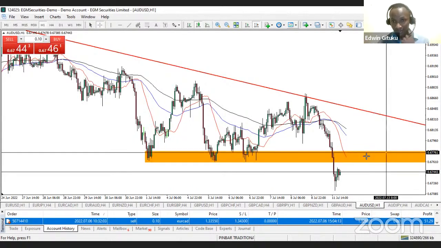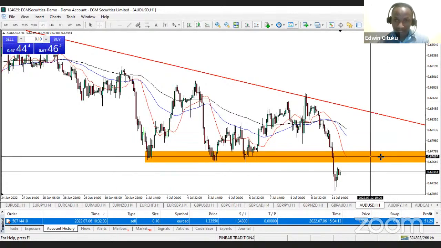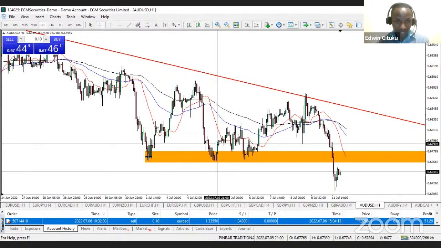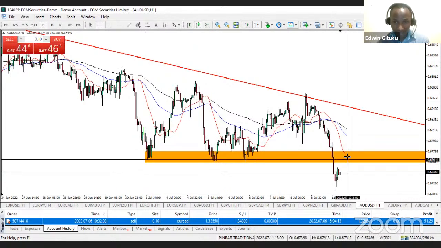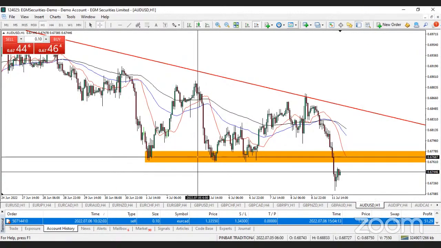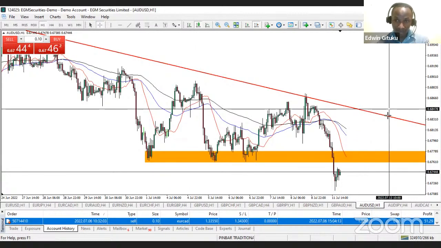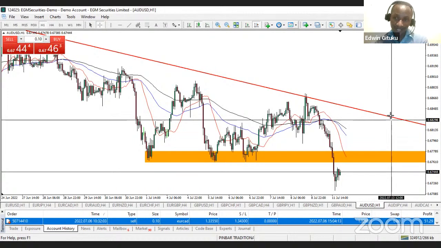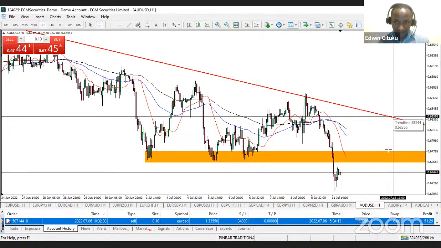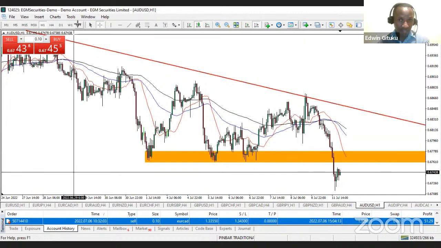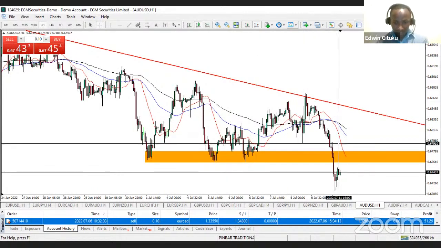If price rises towards this area of support and fails to go beyond that point, then retests this trend line, there's a possibility that continuation to the downside might persist.